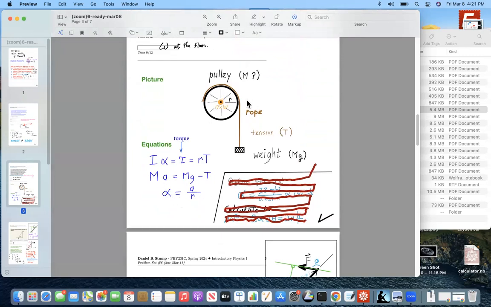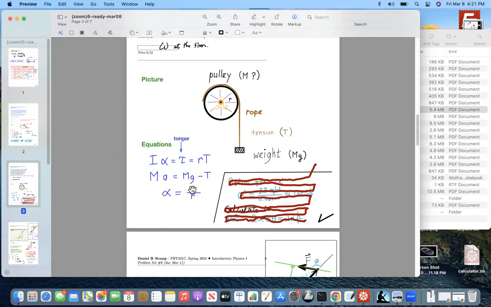Just as the angle is the distance divided by the radius, that's the angle in radians. Angular velocity is the rate of change of the angle, so that's the velocity divided by the radius.